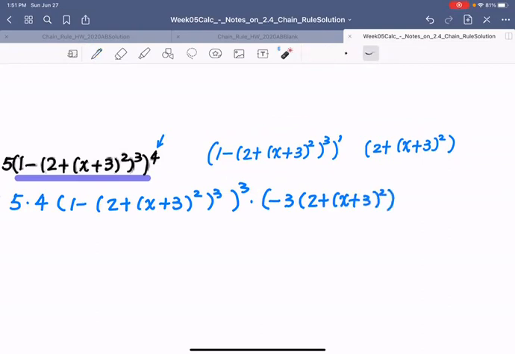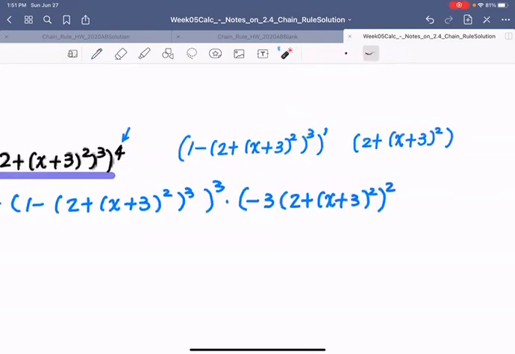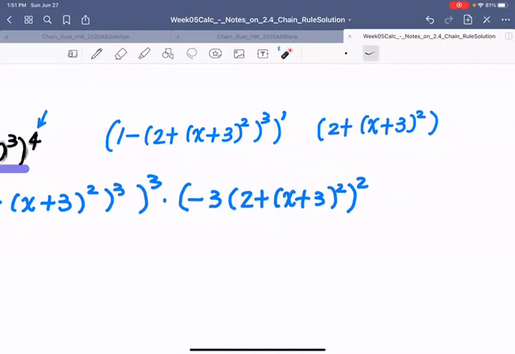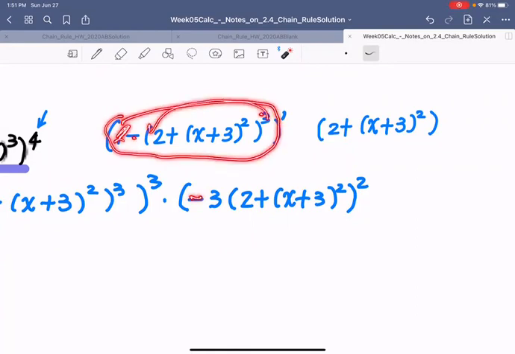And then 3 minus 1 is 2, correct? So far, so good, Claire. Now, you come to here. But the problem is, you did the derivative of this package. This is 0, so you have a negative here, you put a 3 here, and you got here.